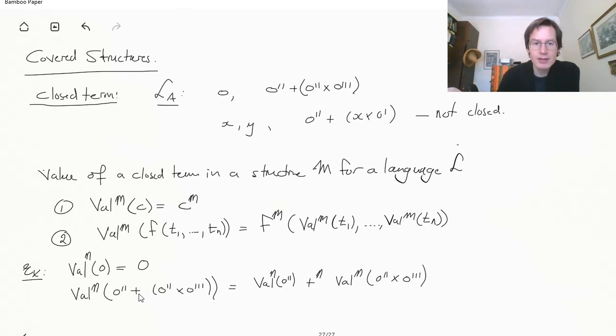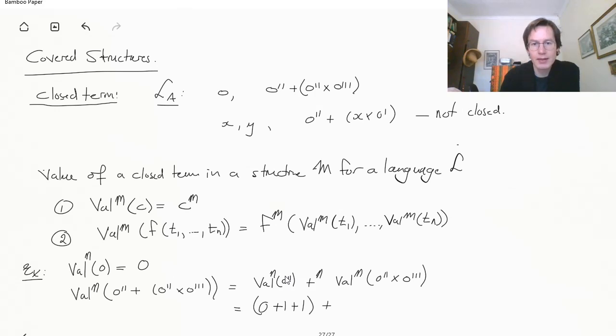All right, but let's look at this. So what I'm doing here is I'm going to do a couple of steps in one now. What I'm doing over here is I need to look at the value of 0 prime to which I've applied the interpretation of the prime function symbol here. Now, what does the prime function symbol do? It just adds 1. So what we would get essentially here is 0 plus 1 plus 1.